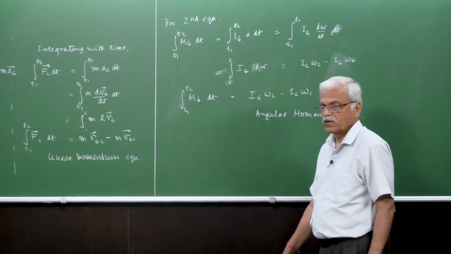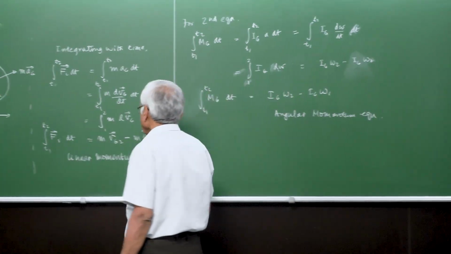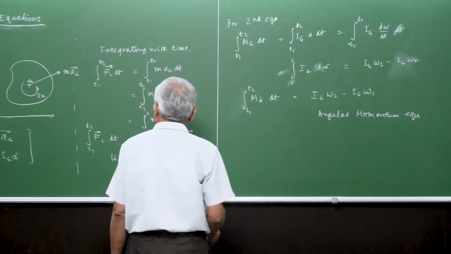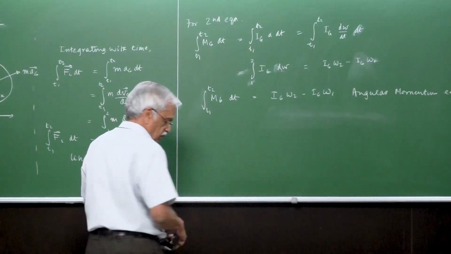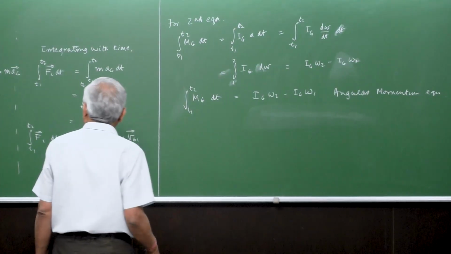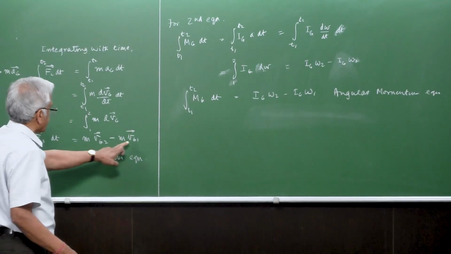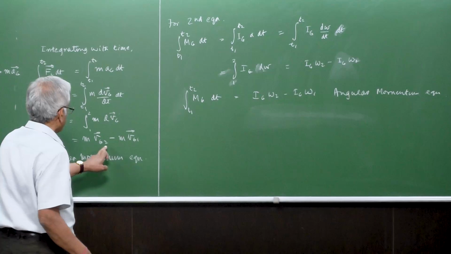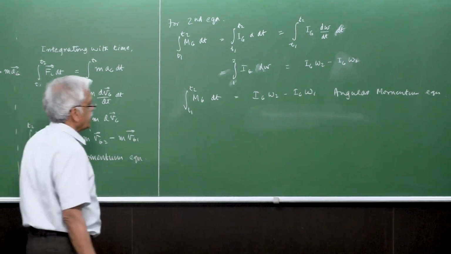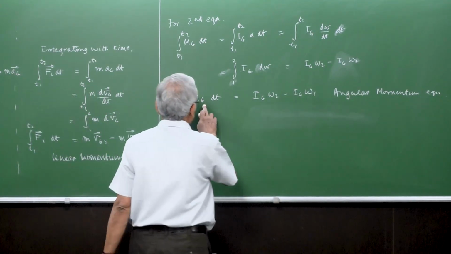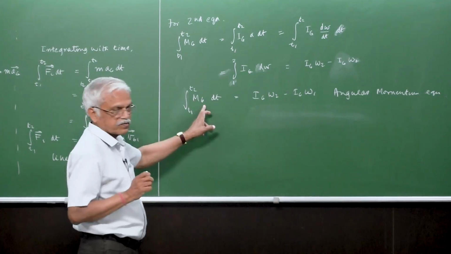Okay, so this one is linear momentum, the other one is the angular momentum equation, from t1 to t2. So we can even write this interestingly as, this integral of F dt is called the impulse, and on the right side is the linear momentum change, and this is again the angular impulse here.